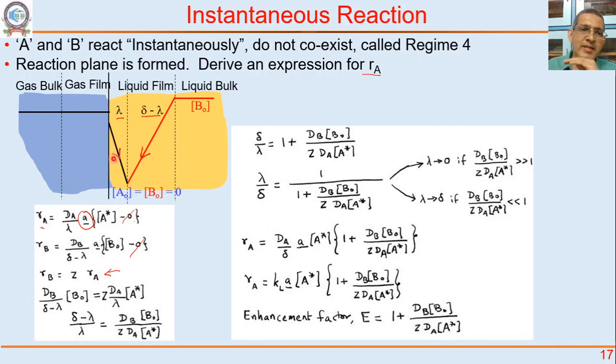As soon as A comes at the interface, it is consumed, gone. If dA is very high, A star is very high, dB is low, B naught is low, then lambda tends to delta. Means A diffuses, and instantaneously B is consumed at this edge of the liquid film.